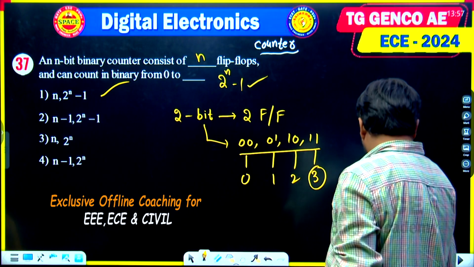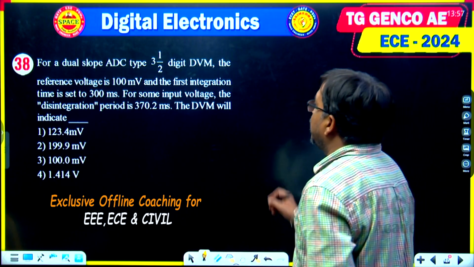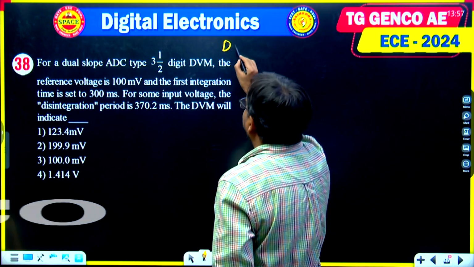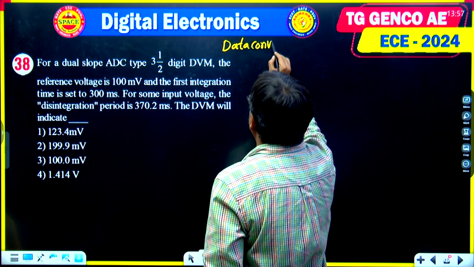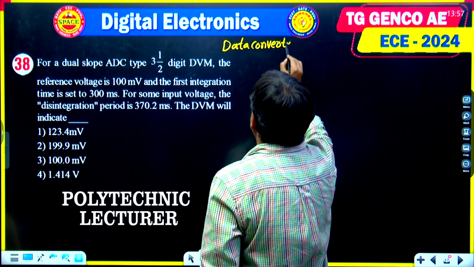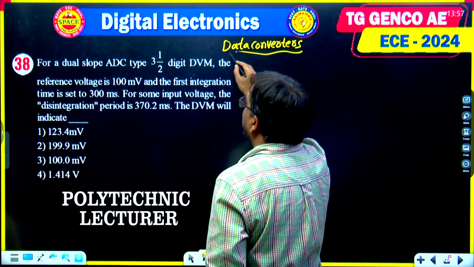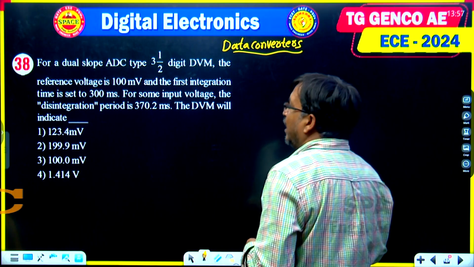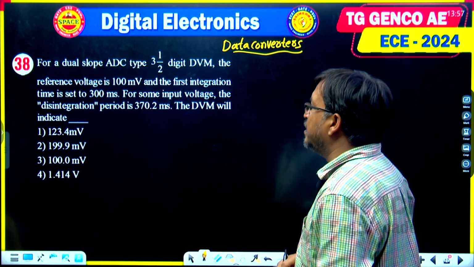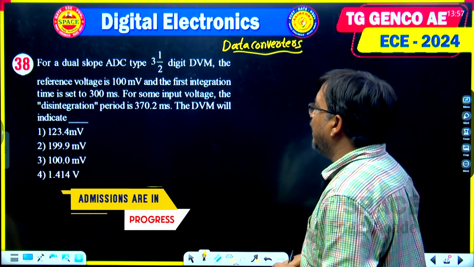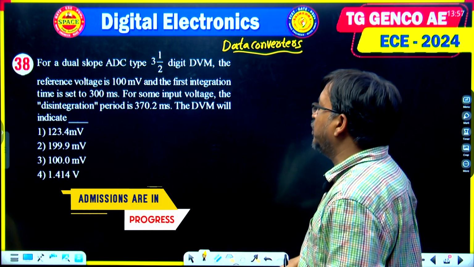Students, the next question we are discussing. This question is related to data converters, specifically the analog to digital converter, and the question is related to the dual slope ADC. It is a 3.5 digit digital voltmeter.